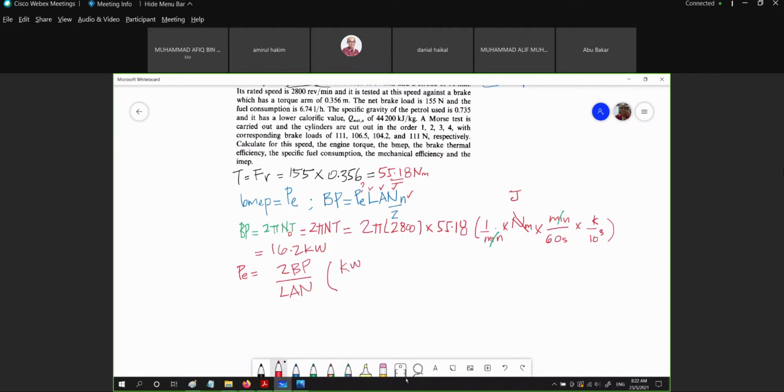Unit bagi L adalah, kita tukar pada meter. Unit bagi kita punya A adalah meter square. Dan N kita ni ialah dalam RPM. Jadi sini ialah 1/minute, sini minit. Okey. So, tukarkan di sini sebagai kilowatt sebagai kilo Newton meter per second.